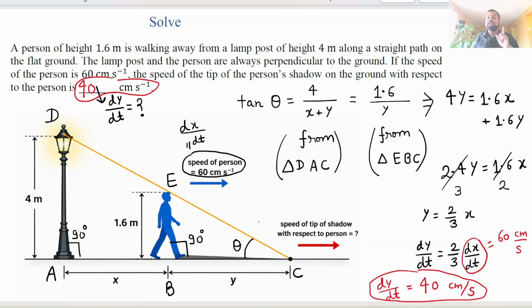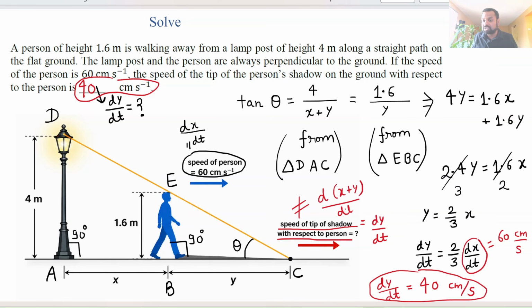So the important catch here is the speed of tip of shadow with respect to person is dy by dt. It is not equal to d of x plus y by dt.